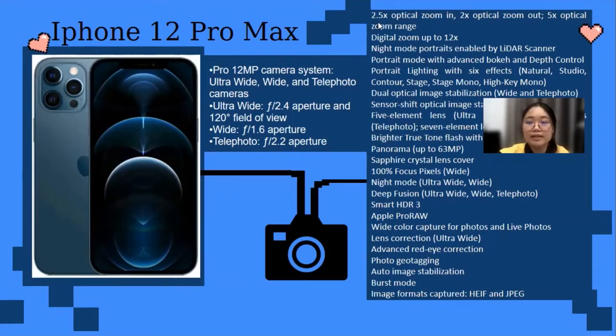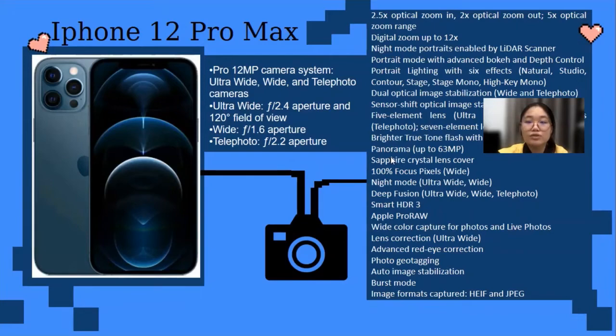It can get 2.5 optical zoom in, 2 optical zoom in, and also 5 optical zoom lens. It can also digital zoom out to 12. The night mode portrait is enabled by the LiDAR camera. It has portrait mode, dual optical image stabilization.